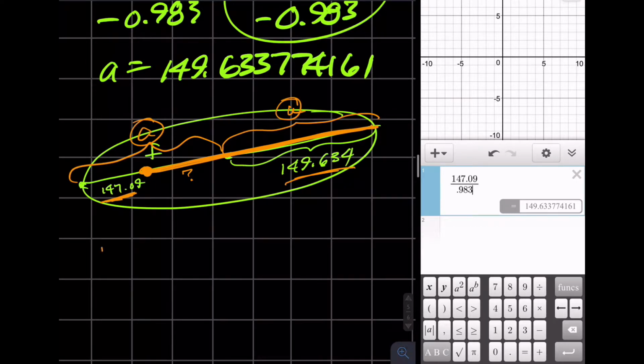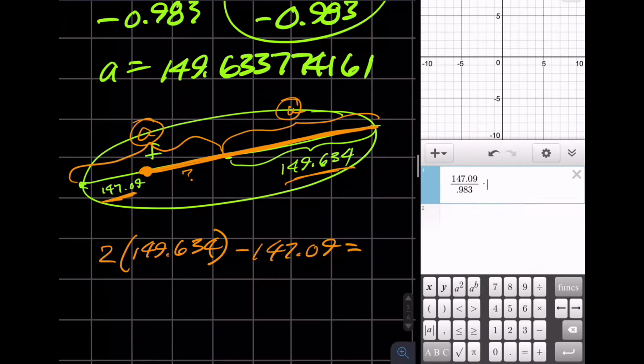Couldn't I take 149.634, multiply it times 2, and then subtract that part, and I would have the orange, which is what was left. So if I take 2 times A, 149.634, and subtract 147.09, I'm going to get what? So that's this 149. I'm going to multiply it times 2. That's this part. And then I'm going to subtract 147.09.